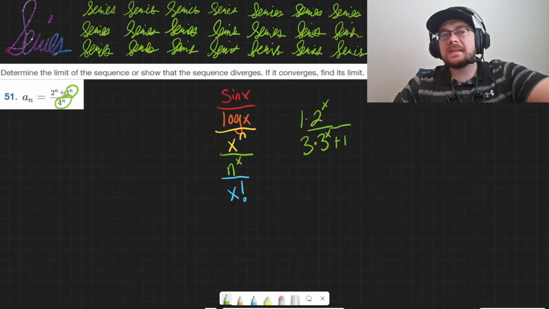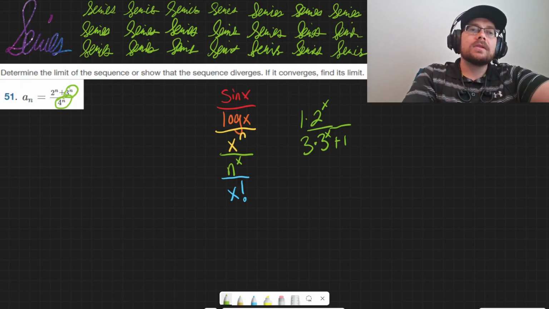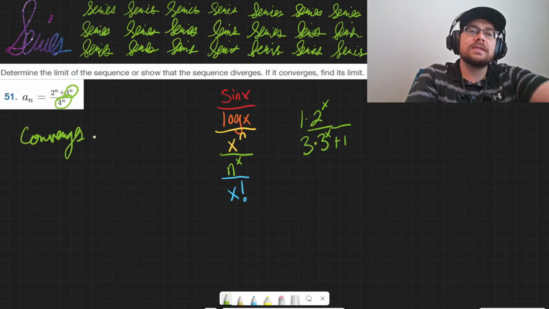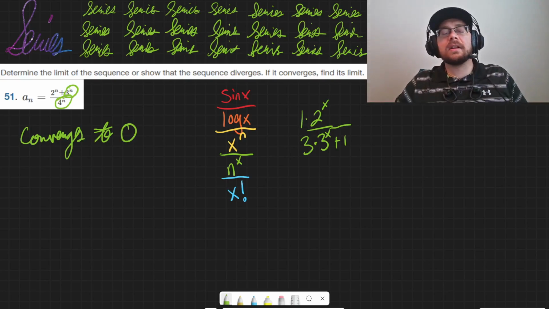It's as simple as that. And because 4 wins, the limit goes to 0. So it converges to 0. And that's actually it. So that is our answer.